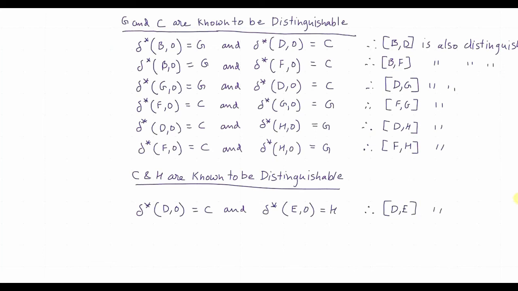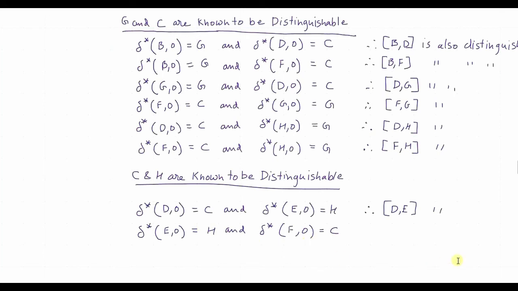Okay. Similarly, I have del star of E on 0 giving you H, and del star of F on 0 giving you C. Since again H and C, they are distinguishable, I can easily say that E and F is also distinguishable.